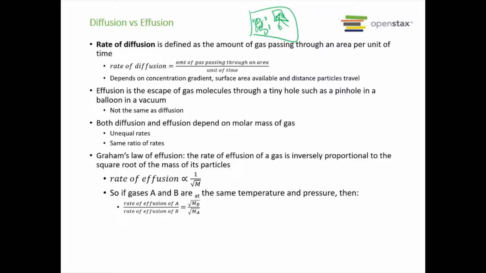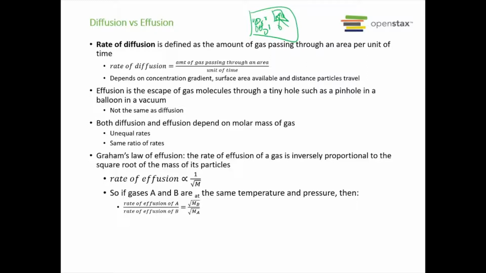For instance, balloons. If you have a balloon filled up with helium, a latex balloon, well, all balloons, but latex especially, you see that after a few hours, it starts getting smaller and eventually gets to a point where there's not enough helium to make it float. It's because the gas is effusing through the latex. The latex isn't necessarily all solid.